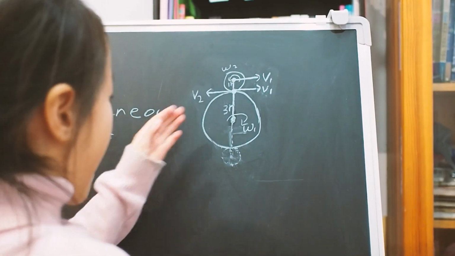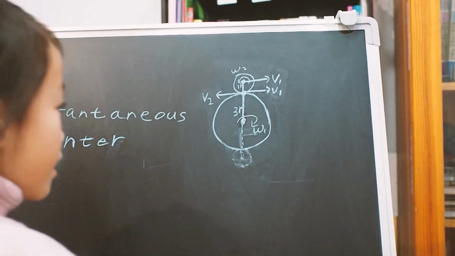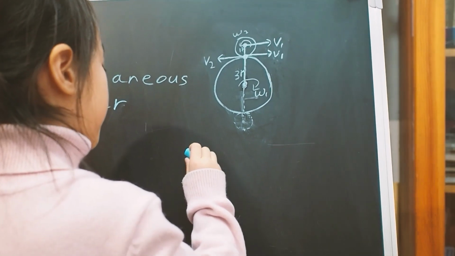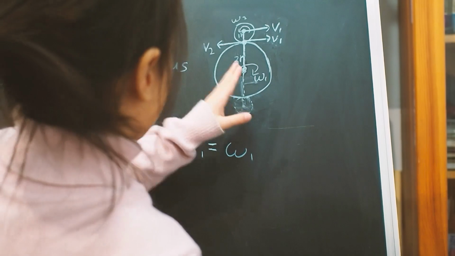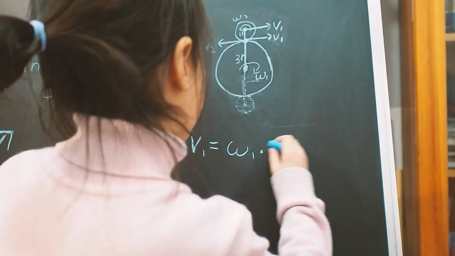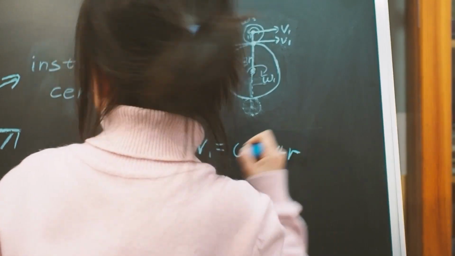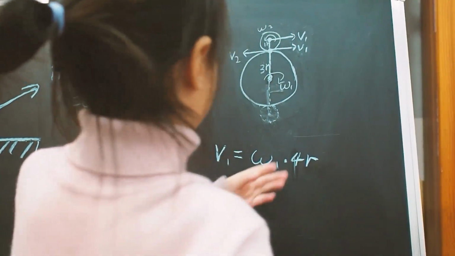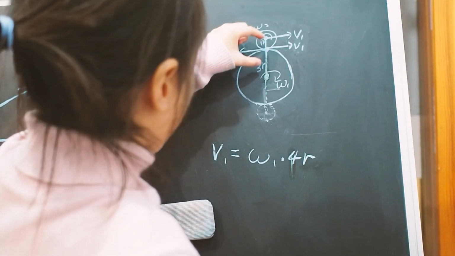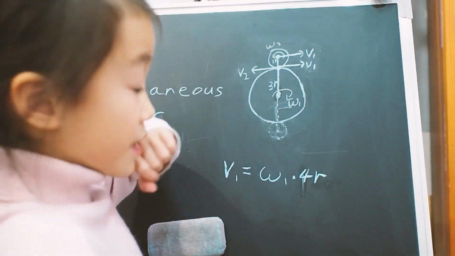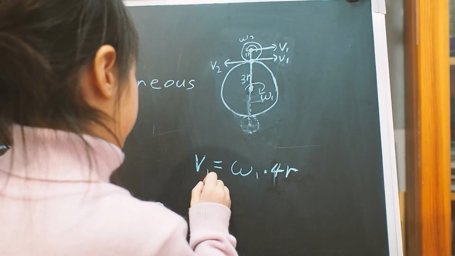Where does v1 come from? v1 is equal to omega 1 times 4R, because the stick is 4R: the 1R plus 3R, because the radius of the one is 3. So it should be 4R.